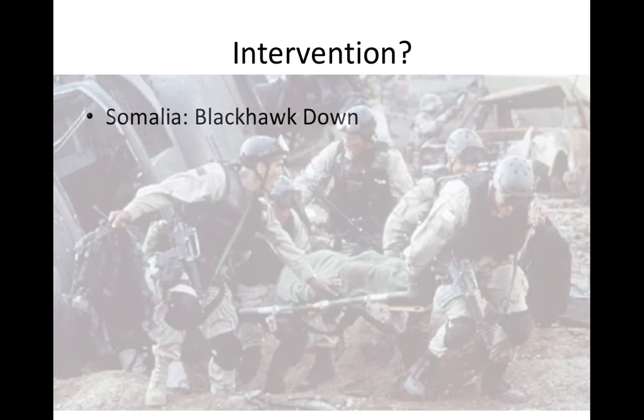The United Nations and other countries began to send in food aid, but most of the food aid was stolen by the warlords and resold for weaponry. Up to 80% of the food aid was diverted.